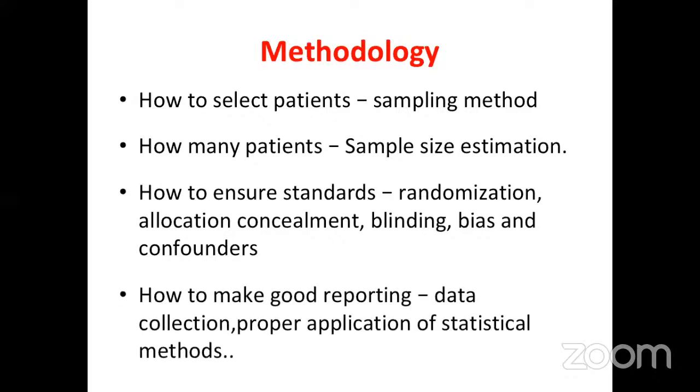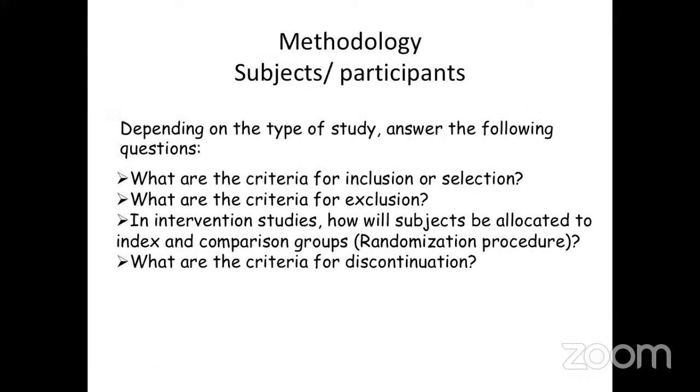You practically apply your study methods and collect the data. And once you collect the data, it has to be properly entered and stored in a legible manner. And then proper application of statistical methods has to be done so that finally your results lead to a proper, meaningful conclusion.